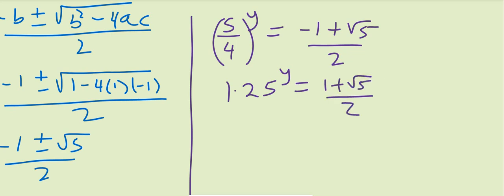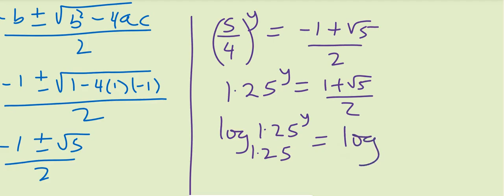So if I take log of both sides to base 1.25, because now we have calculators that can take log of both sides to any positive base, I have log of 1.25 to the power of y to base 1.25. That makes me get my y directly. Log of minus 1 plus root 5 over 2 to base 1.25. So this is the y value.